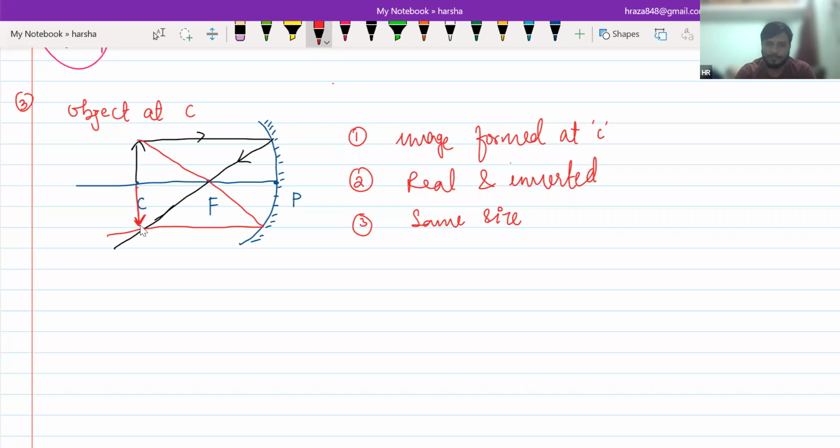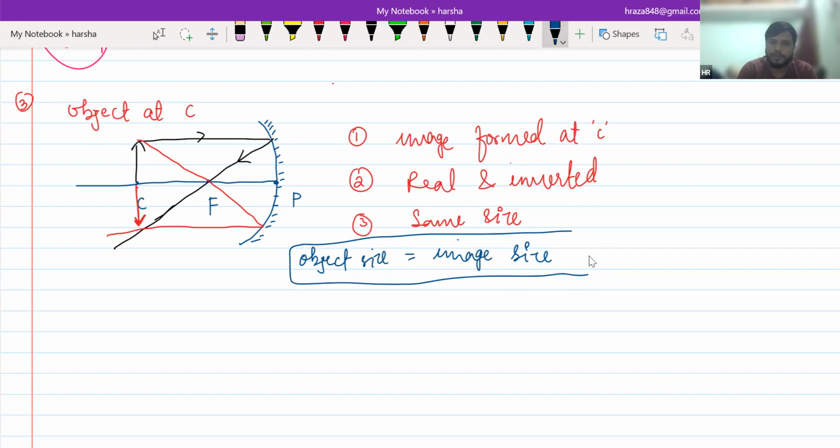This is the only case in a concave mirror in which the image size is equal to the object size. Got it? Yes, sir. Very good. So please write it and let me know.